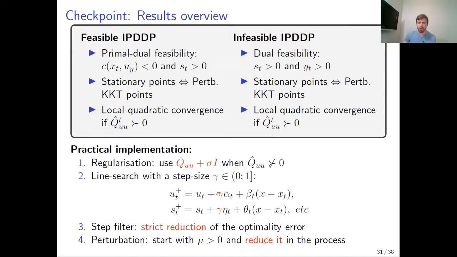So the update rules are now defined as follows. We have to use a step filter, which guarantees that the optimality error is strictly decaying after a step. And we have to maintain positive perturbation and reduce it in the process.